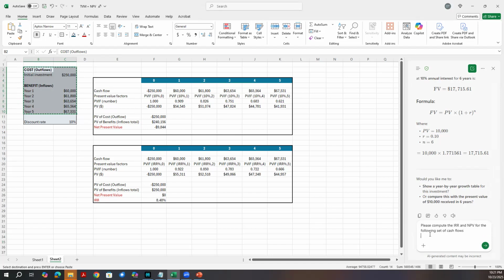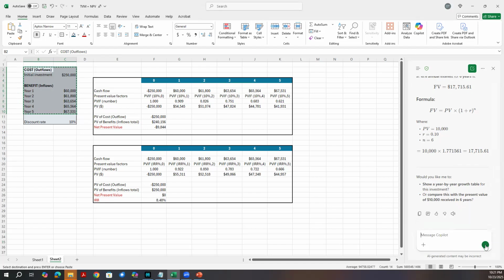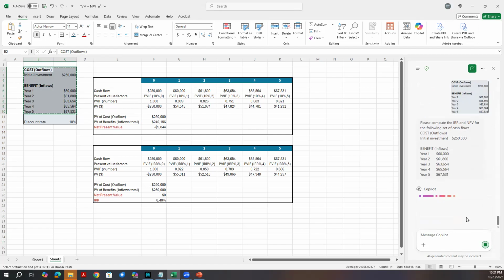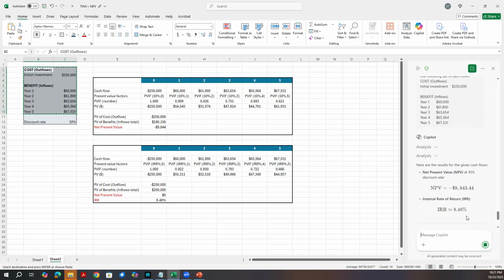Okay. So all I've done is I pasted these values here, exactly what I have on the table there, and I hit enter. Copilot does the calculation for me, does the analysis, and comes back with exactly the numbers I've had before here.